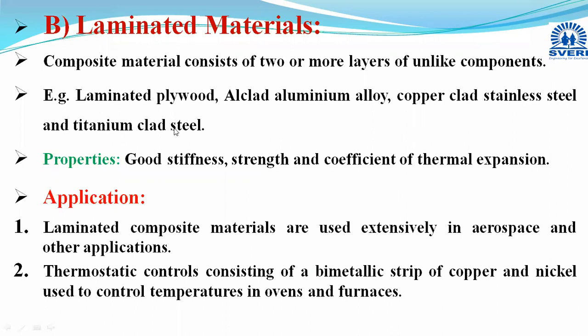Likewise titanium and steel, two materials with alternate layers. So these are laminated materials. Two or more materials with different properties are present in the form of layers, and they give rise to a new material having other specific characteristics.